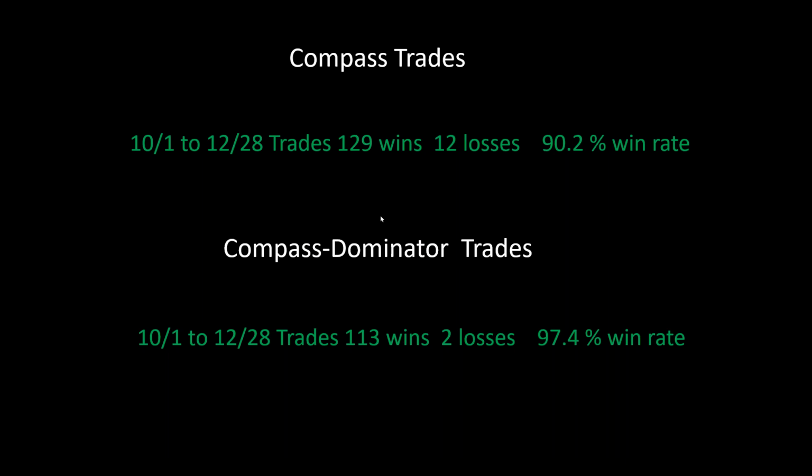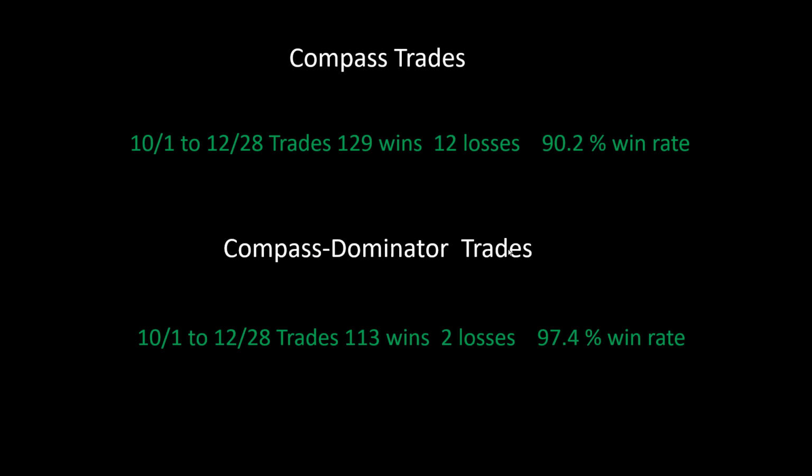So that particular element of the high probability criteria was missing. But anyway, on the Compass system, we did 129 wins and 12 losses, basically a 90.2% win rate. This is typically the win rate in the room and on the alert service, which runs between about 85 and 92% over time, every month and over a year.